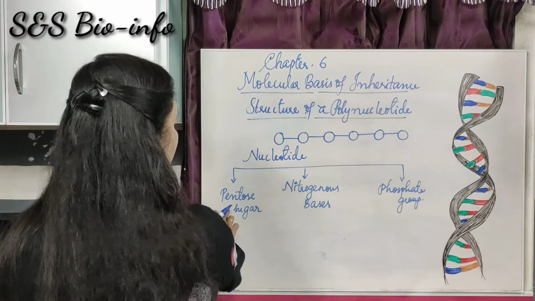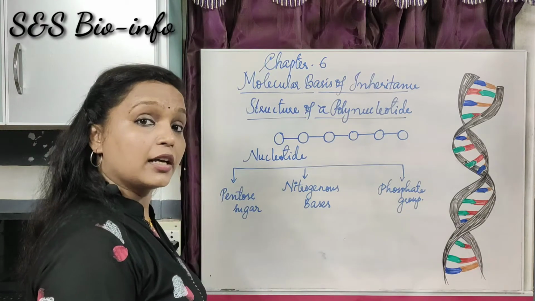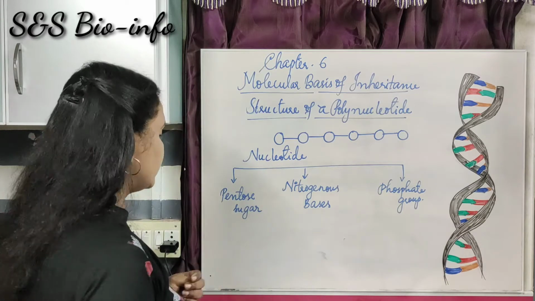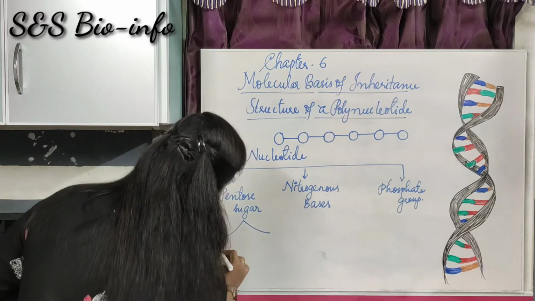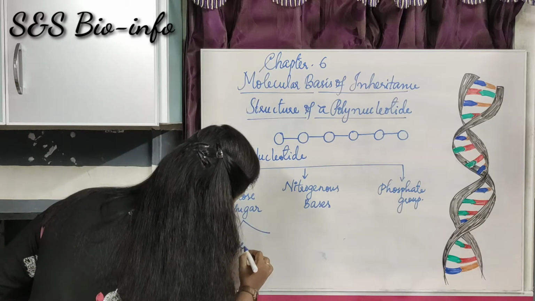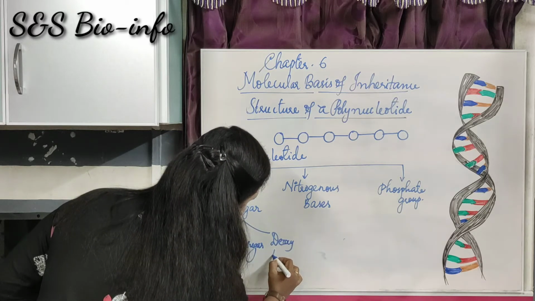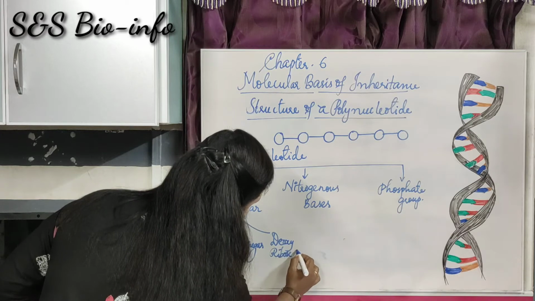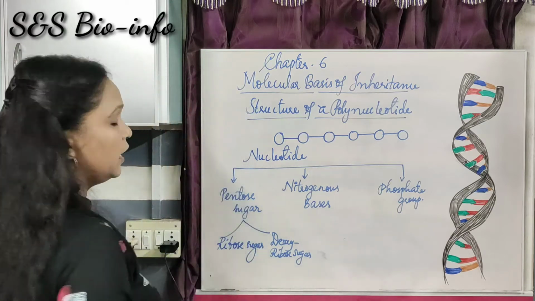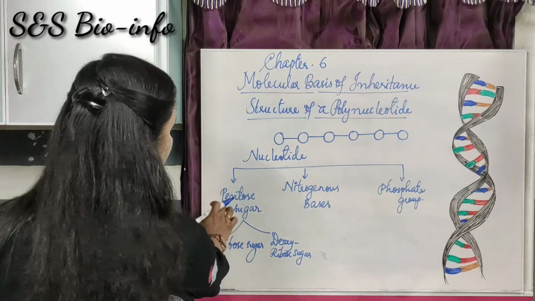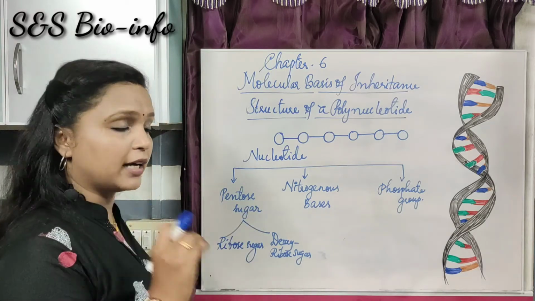A pentose sugar is of two types. Those are ribose sugar and deoxyribose sugar. Here pentose sugar means a sugar molecule which has 5 carbon atoms.